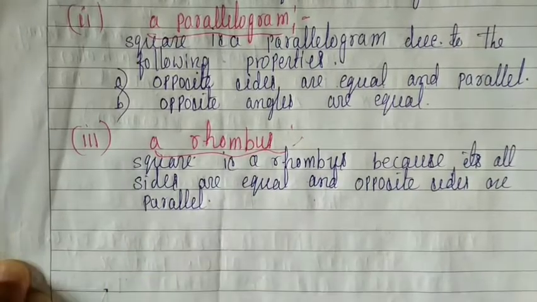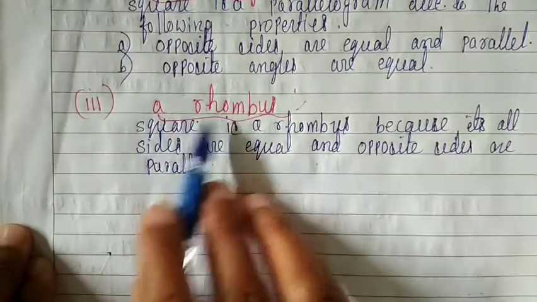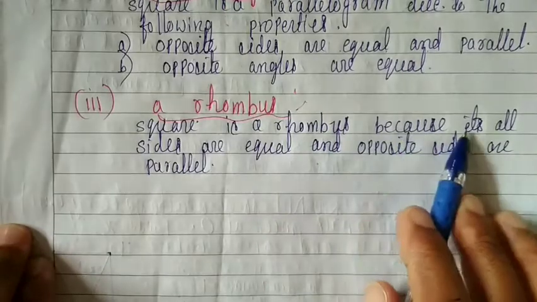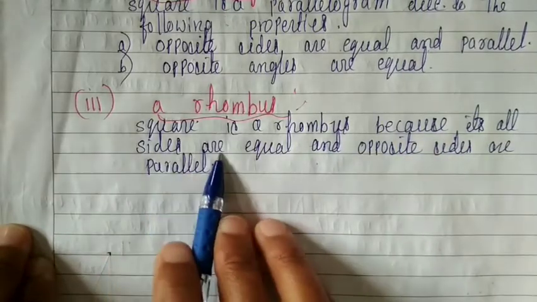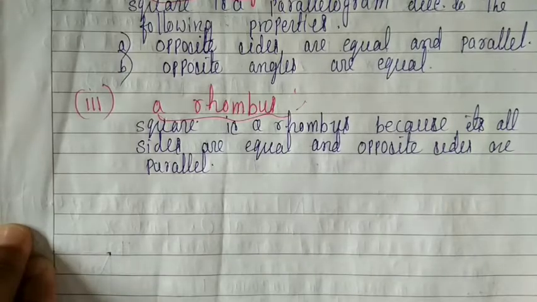Once again, how is a square a rhombus? A square is a rhombus because all its sides are equal and opposite sides are parallel.